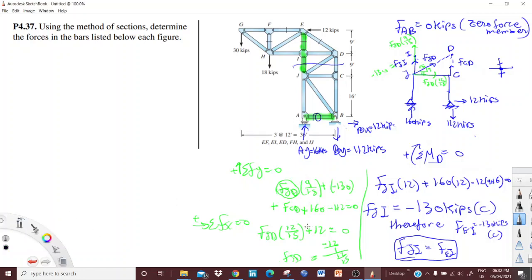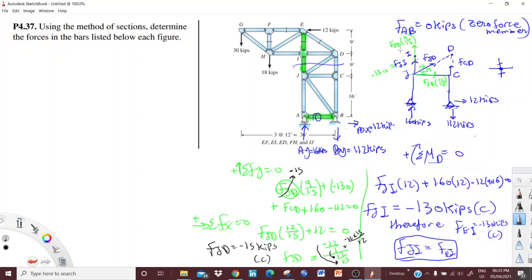So let's take the upward one, multiply by the downward, and then the downward is multiplied by the upward. So negative 12 times 15 over 12 is going to be equal to FJT, which is negative 15 kips, compression.